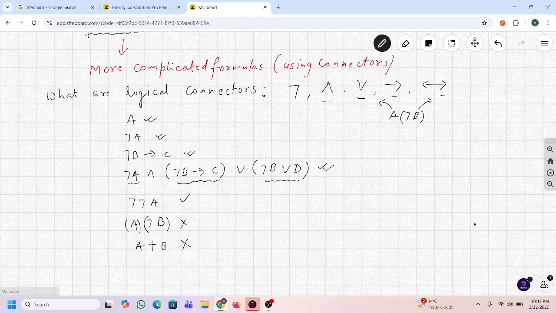Now, what we can say is that syntax consists of just symbols with no meaning attached to them.